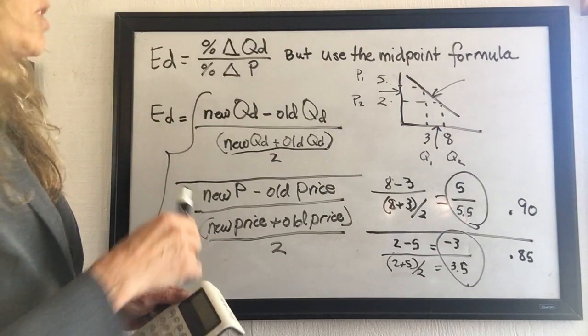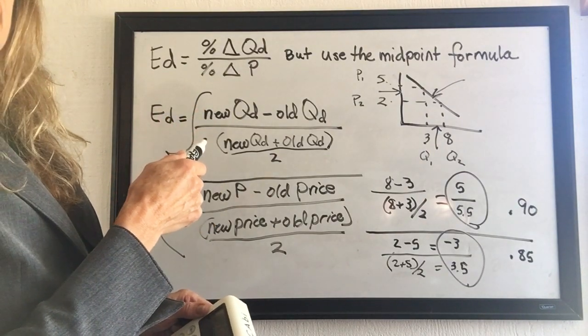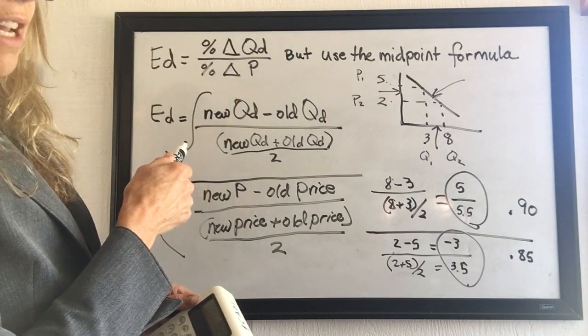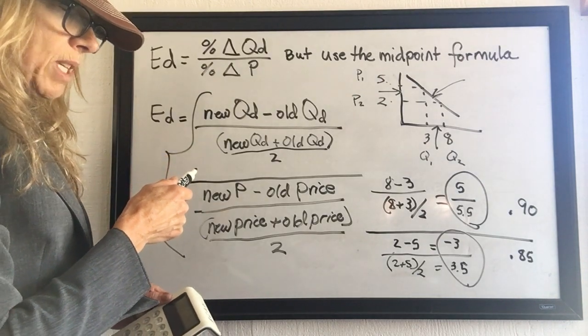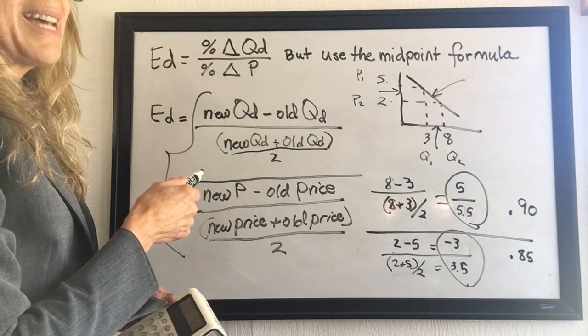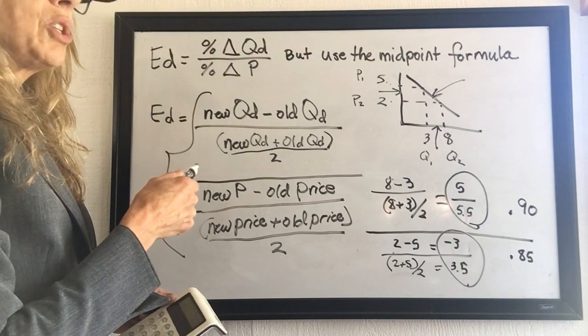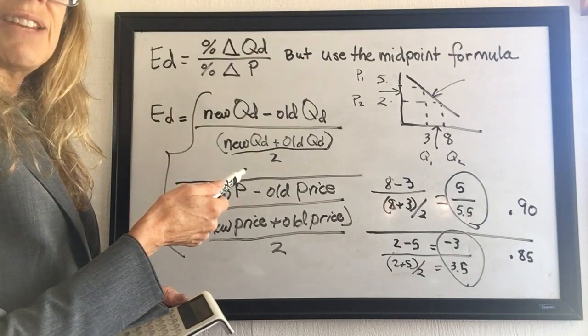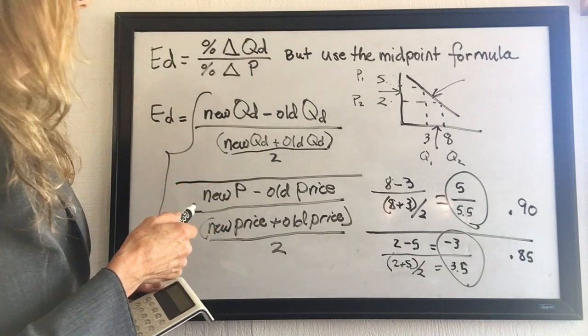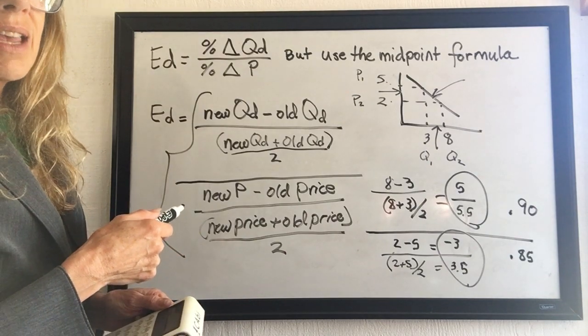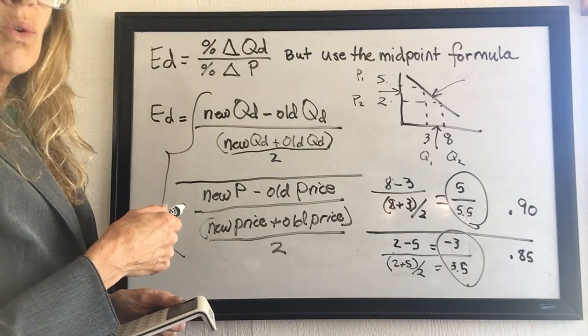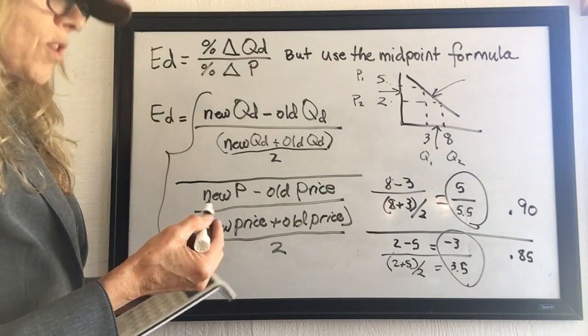We just drop it. But you may have noticed in your textbook that when we study cross elasticity of demand, we're looking at substitutes and complements, and the negative sign will matter. When we're looking at elasticity of supply, the relationship between price and quantity is positive, so there won't be a negative.